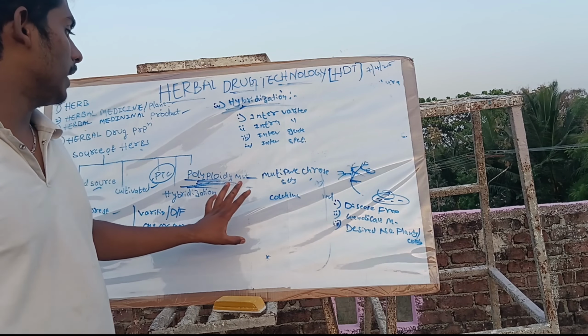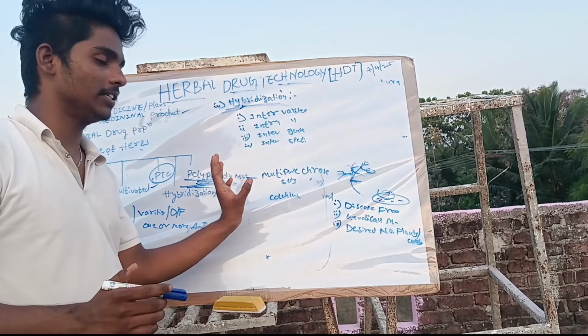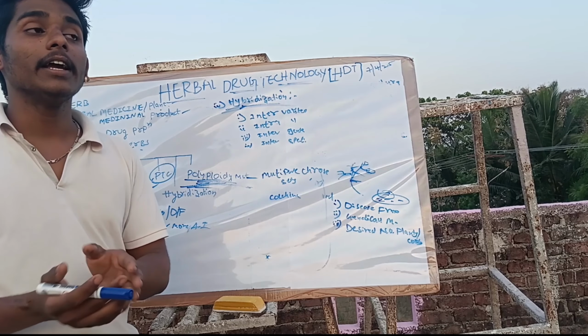Increasing the yield value of the plant is called polyploid mutation. So once again, polyploid mutation is described as having multiple chromosome sets.